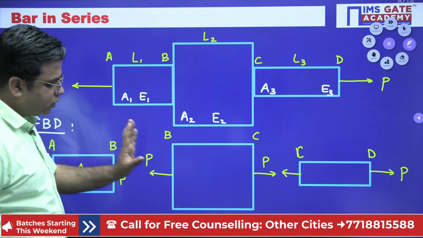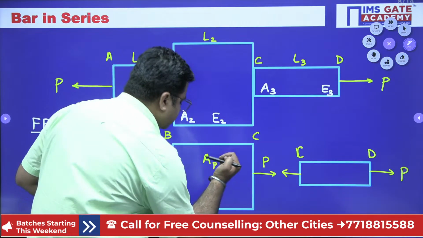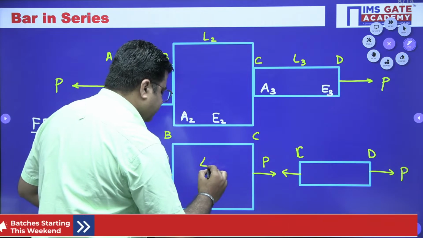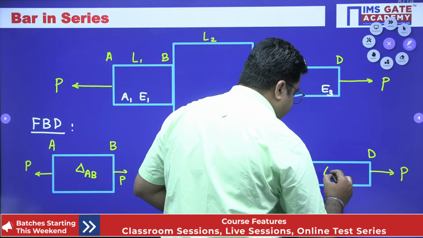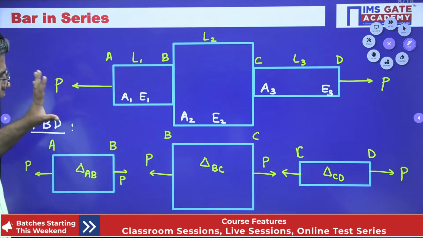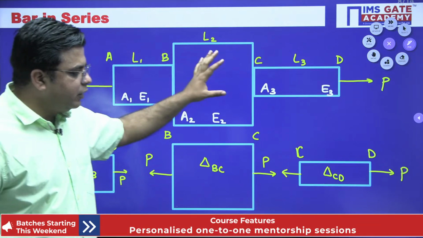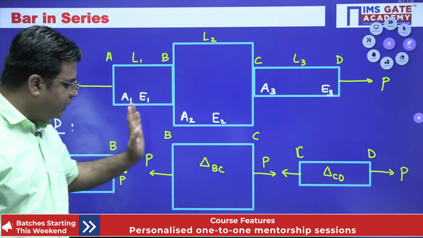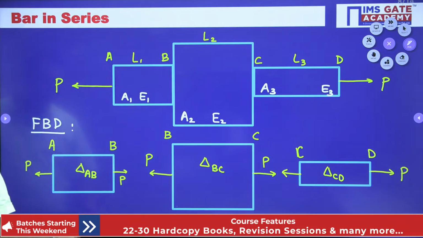Similarly, we can calculate the deformation of member BC, which comes out to be delta BC, and this will be delta CD. So the total amount of deformation this entire assembly will undergo will be delta AB plus delta BC plus delta CD.